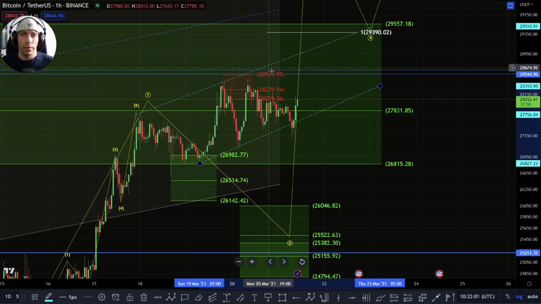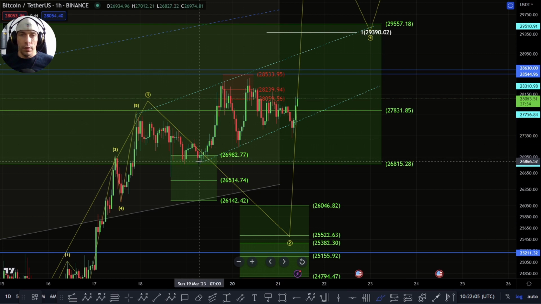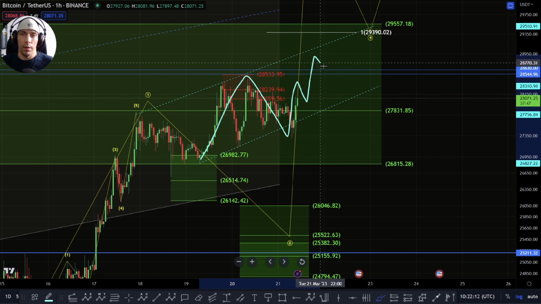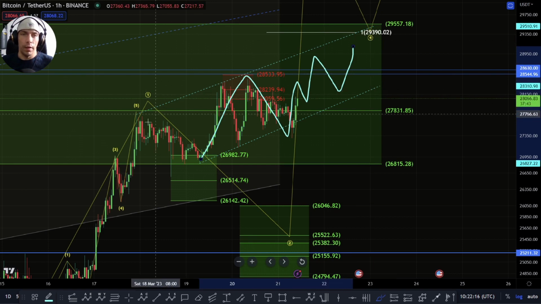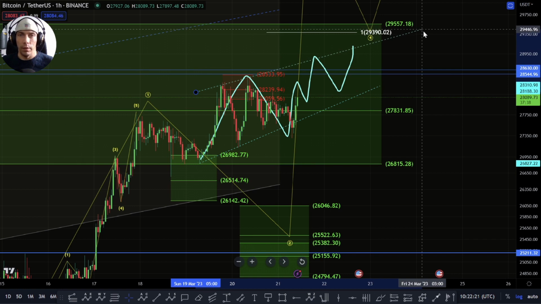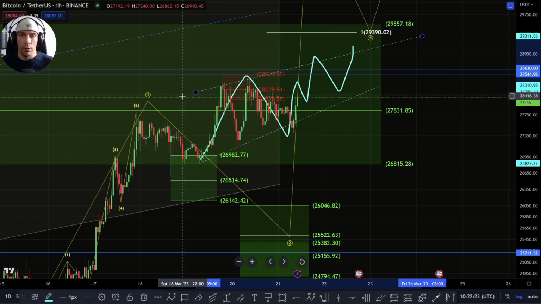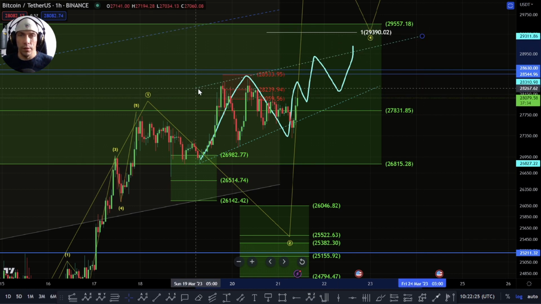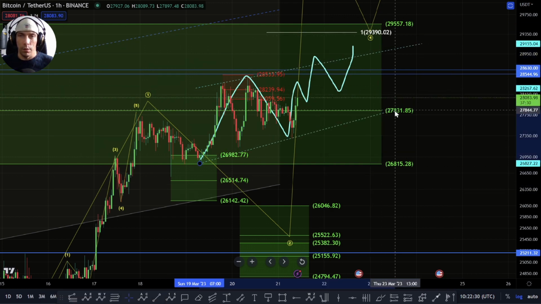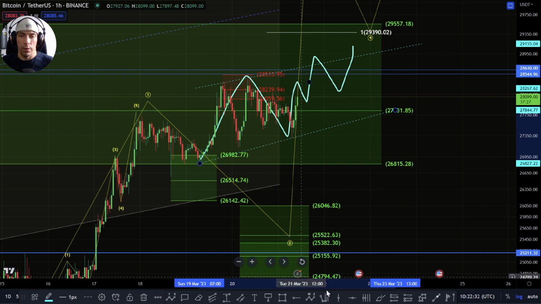The only way that would make sense is if actually we're getting something like this in this area where this is a 1, 2, potentially we form another three-wave move up here, 4 and 5, something like this, and then these lines will change. And then potentially instead of looking at it from this high here, we could see something like this play out where we actually come into these wicks and we look to form a structure like this, in which case potentially we could see this move around like that.